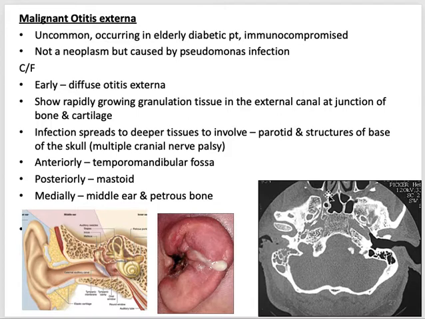In this case, we go for CT scan as well to look for any bony destruction. Now, the important thing in these patients is to control the diabetes. Again, we can do ear toilets, remove discharge, remove debris, remove granulation tissue, remove dead tissue, and we give them anti-pseudomonal antibiotics. And the antibiotics are given for 6 to 8 weeks.